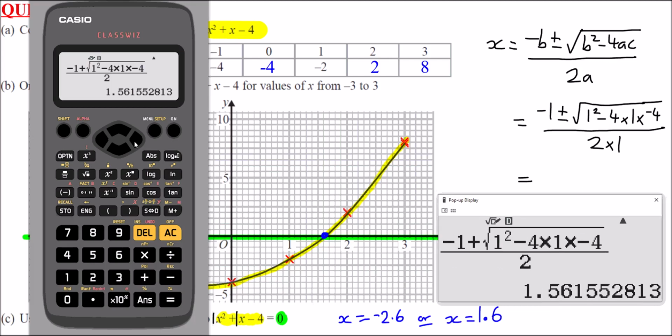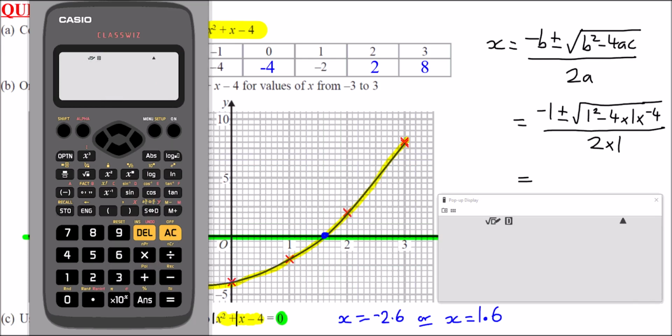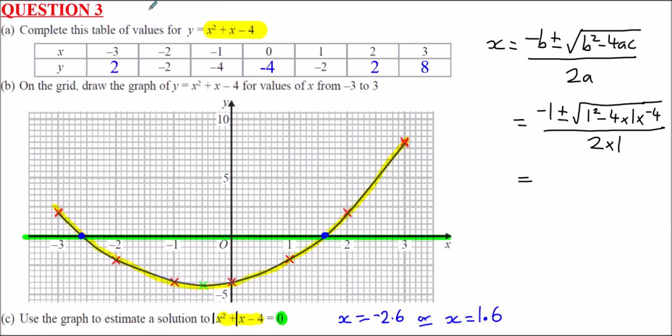The other option is when we've got minus this root. So change the plus to a minus just by toggling back on the calculator display, press equals. And we get this value, which again, you can see would round to minus 2.6 to 1 decimal place, which we've got here. So I'm just referencing how we can use our calculator and maths knowledge to our benefit and double check answers sometimes if time will allow at the end of the exam.